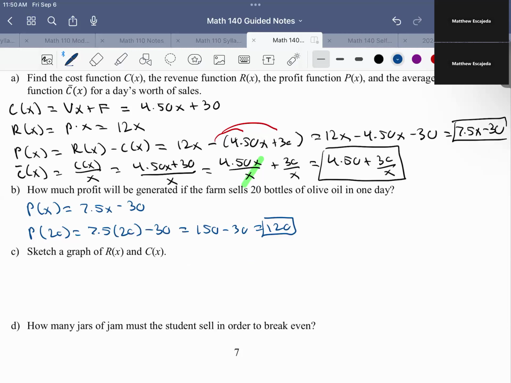Okay, so what does this mean in context of the problem, though? We're being asked a specific question. So it's always good practice, and I'll be asking you to do it quite a lot, to write it in terms of the problem.